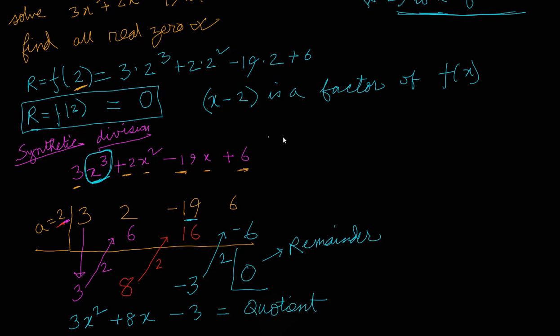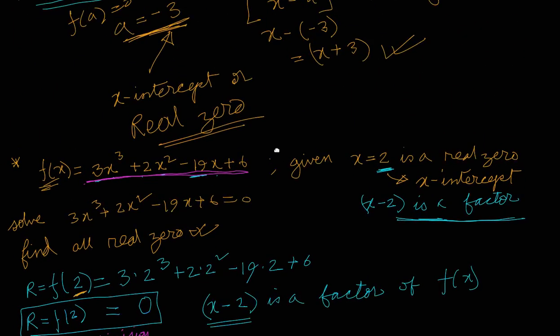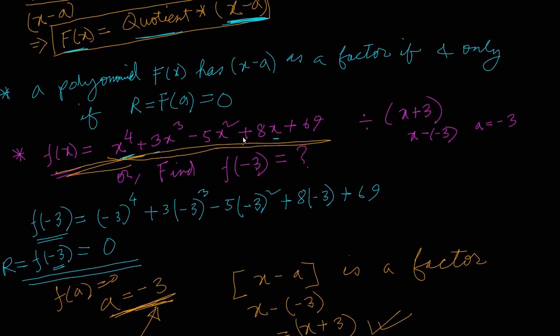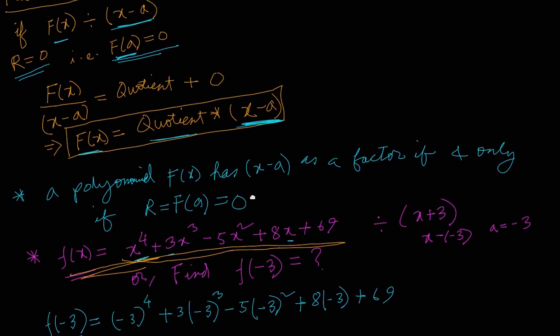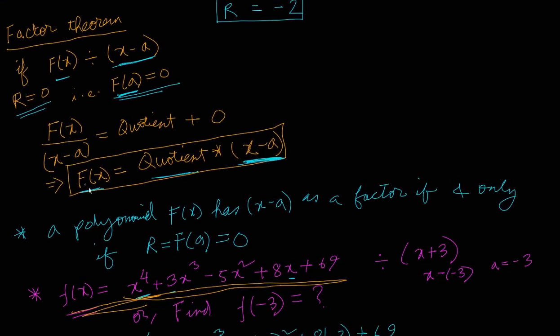So what I found is that I have a factor x minus 2, and the other is the quotient, which is 3x squared plus 8x minus 3. If you remember from the factor theorem, f(x) is the quotient multiplied by x minus a.